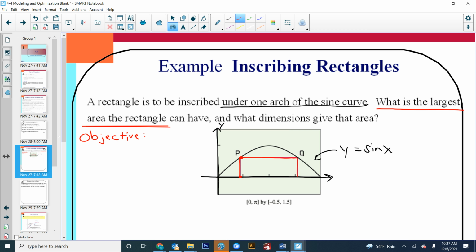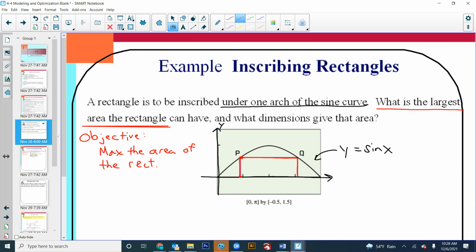I'm saying if you get stuck and you don't know what to do, write out the objective of the problem in a sentence. For example, I want to maximize the area of this rectangle. That's my objective, isn't it? Maximize the area of the rectangle.